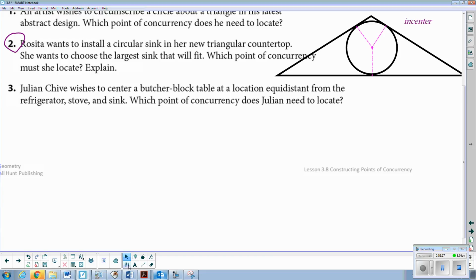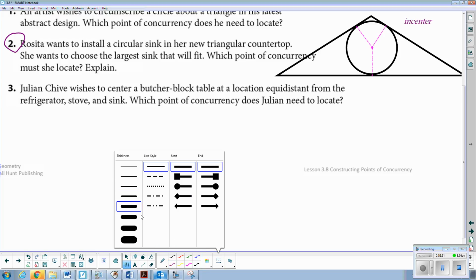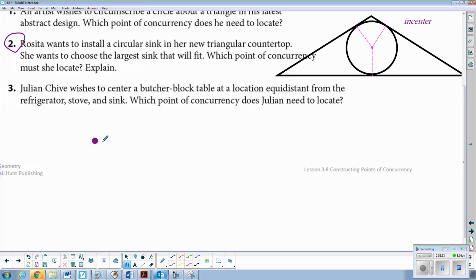All right, so again, I would draw a diagram. So here's my refrigerator, here's my stove, and here's my sink. And I'll label these: refrigerator, stove, and sink.